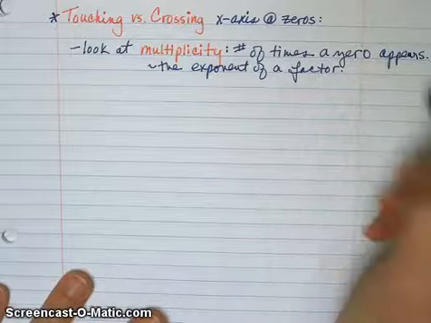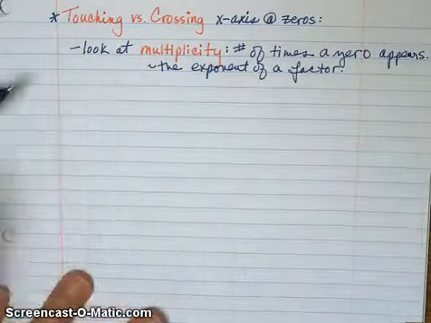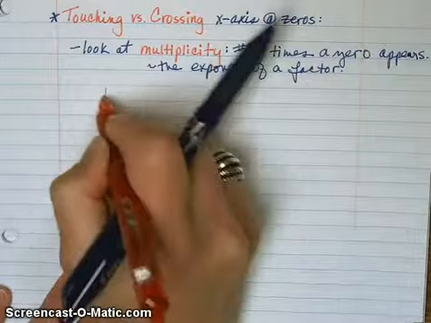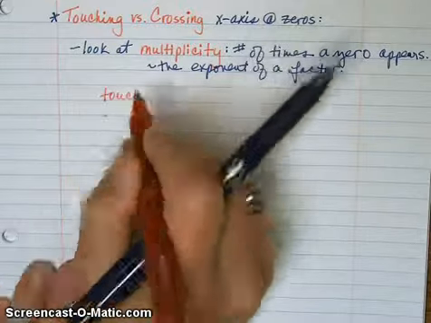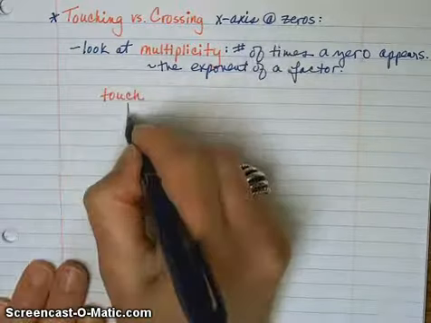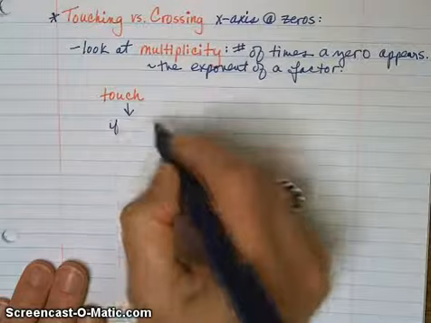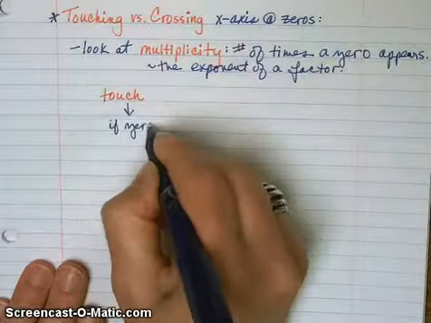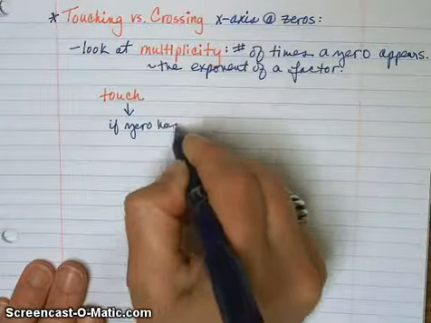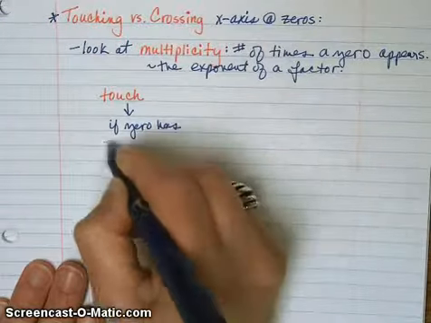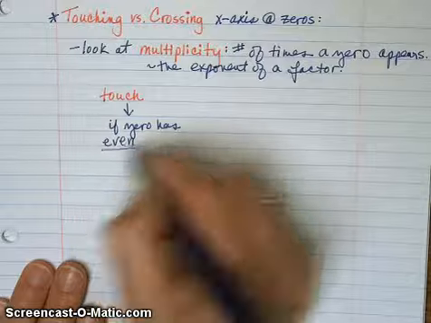And you're either going to touch or you're going to cross. So it's going to touch if the zero has an even multiplicity.